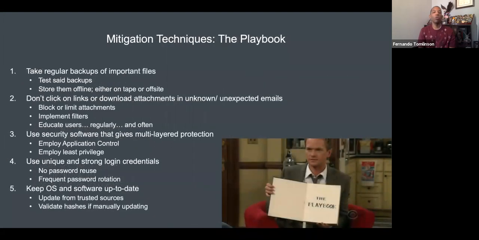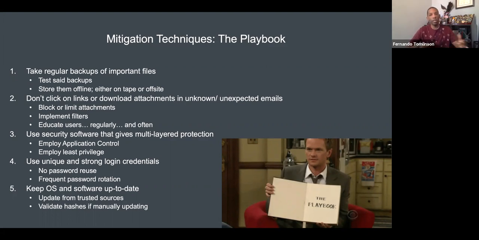All right, so here are some mitigation techniques from our friends at the FBI and CISA. Largely speaking, they're not things that we haven't heard of. They make sense, but largely people don't do the most common things, and this is why we find ourselves in the positions we find ourselves in. So we want to take regular backups. We don't want to store those backups on the same network which we're backing up.